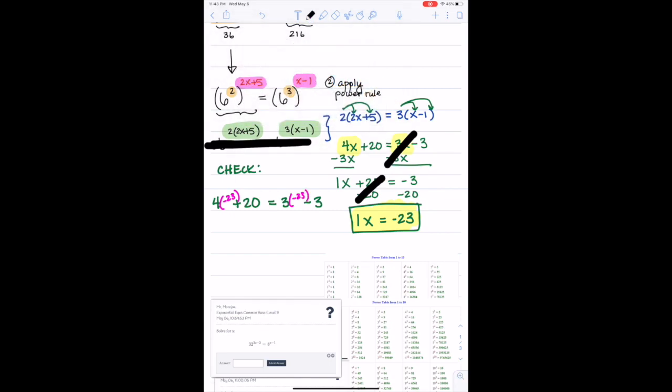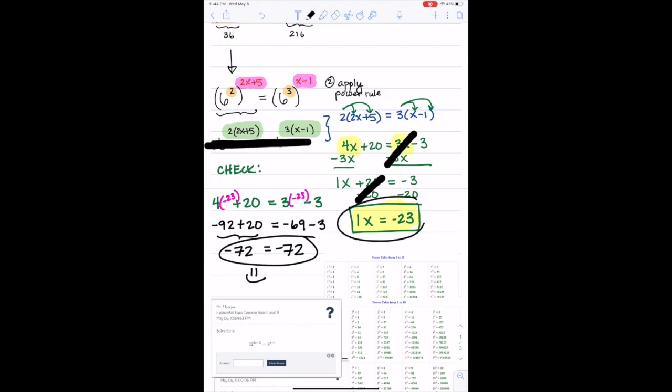So let's see, this will be negative 92 plus 20 is equal to negative 69 minus 3. So if I simplify this side, I get negative 72. If I simplify this side, I also get negative 72. So that is a very clear indicator that I've done this right. So this is definitely my answer. X equals 23. Sorry, negative 23. Yay!